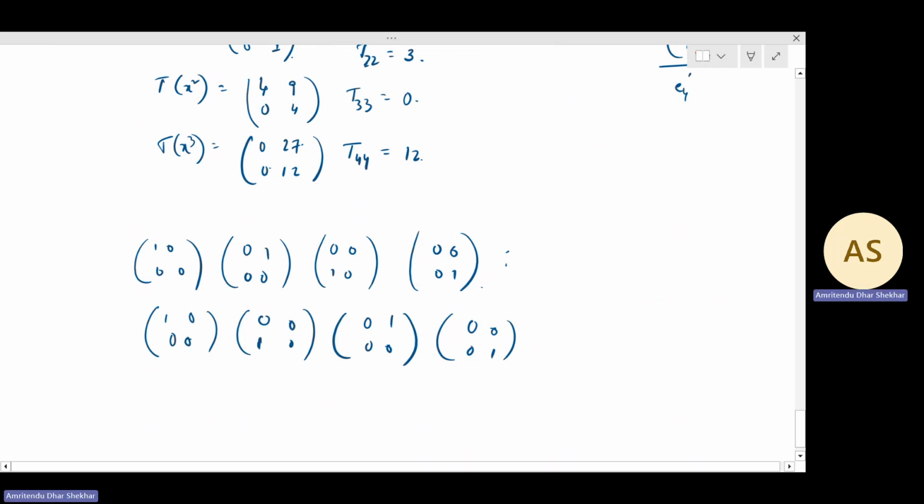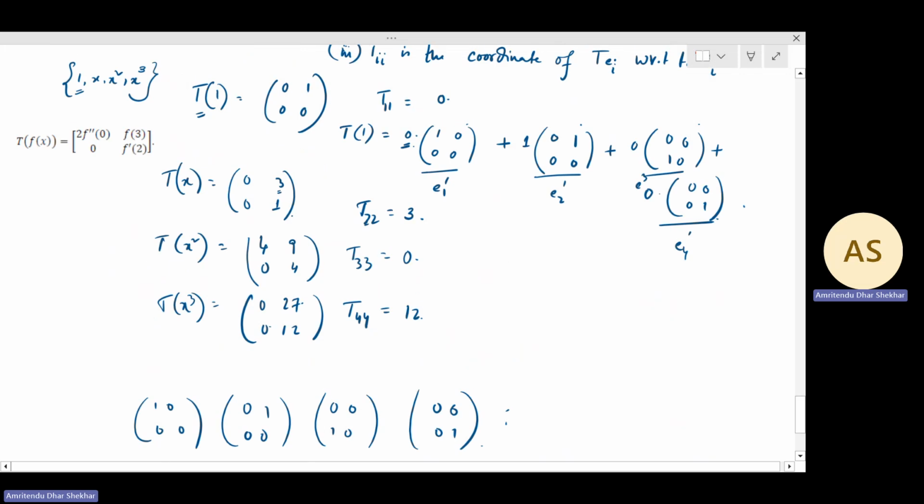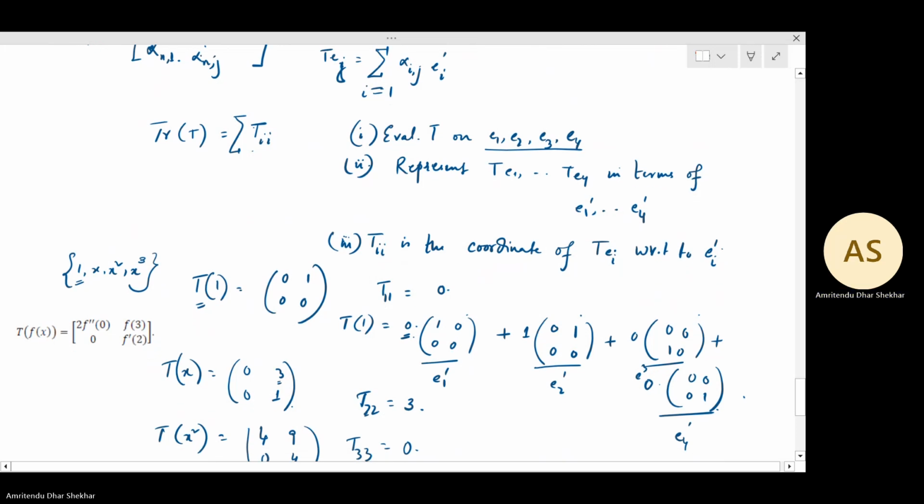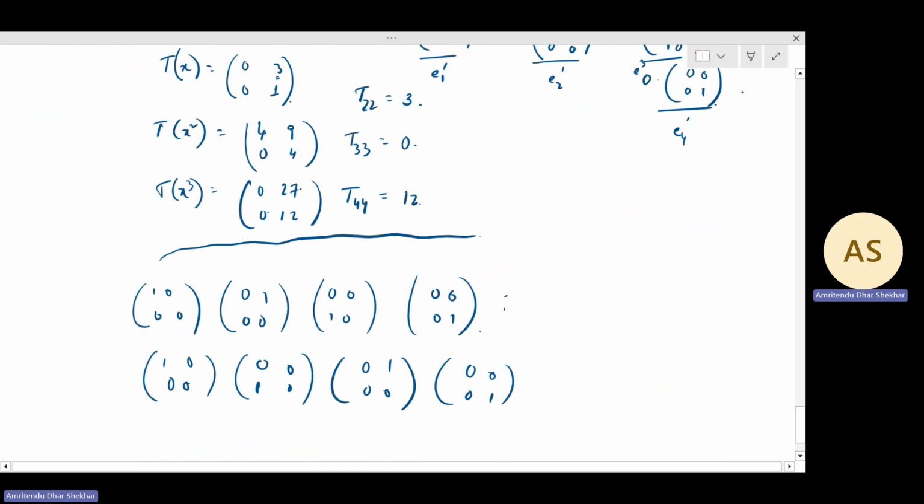Now this is a permutation of the basis that we have considered, but the trace will not be independent in this case. So the trace will depend upon the choice of the basis. So if we choose this as the basis, then we get the trace to be equal to 15. But for a different choice of basis, you'll get a different answer.